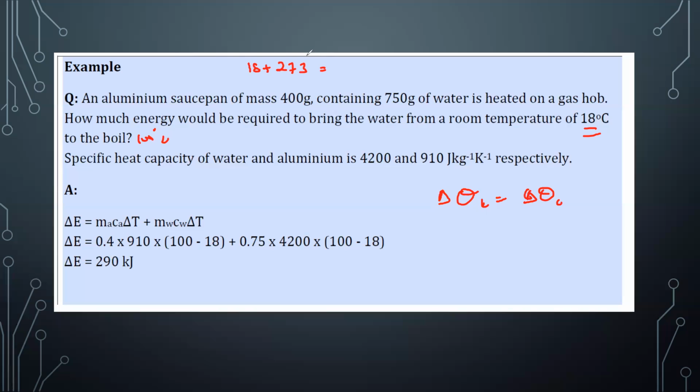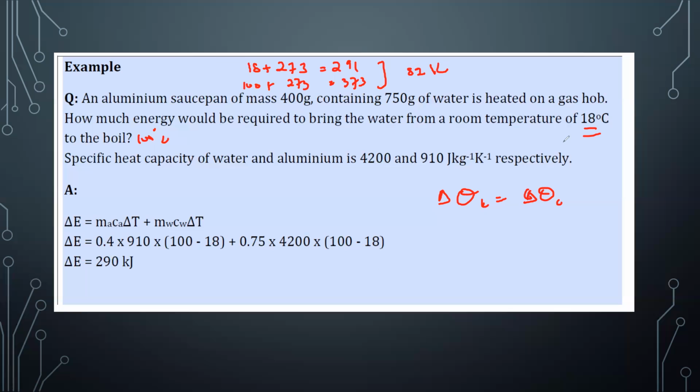And 100 plus 273 equals 373. So when we calculate the temperature change, it will be 373 minus 291. That will come out as 82. So the temperature change is 82 Kelvin.